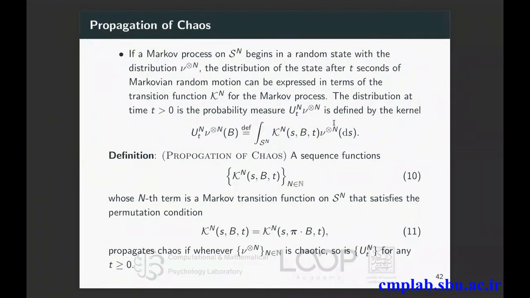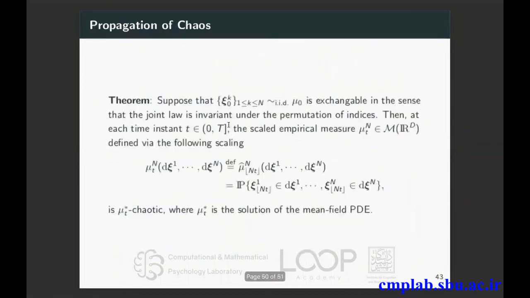So if I take a distribution, its product, and apply this kernel, I can get its value at some later time. Propagation of chaos means that if the initial distribution is chaotic, then after applying this kernel, the distribution at the subsequent time is also chaotic. This is the definition of propagation of chaos.